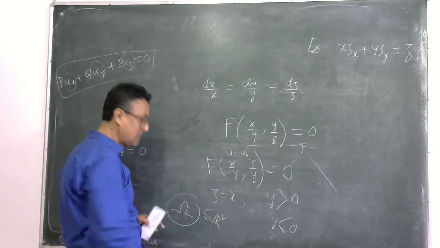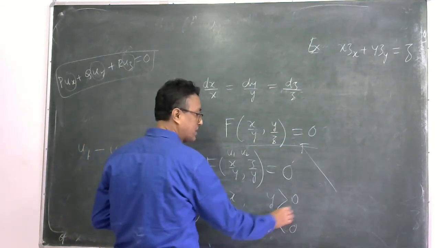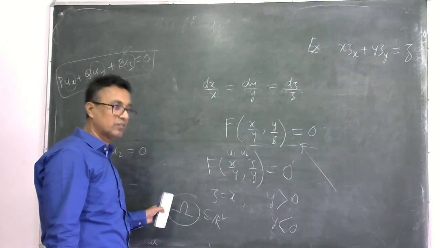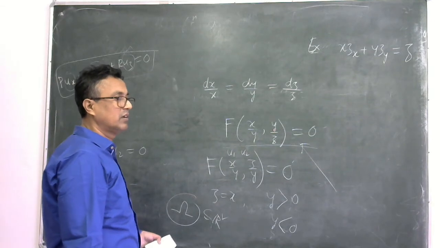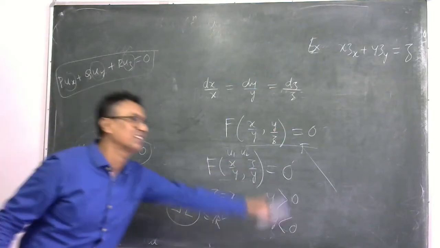So I am going to choose this omega in such a way that either y greater than 0 or y less than 0. Is it clear now? So it is not a general case. You are taking a particular answer, because of the way I have chosen this.